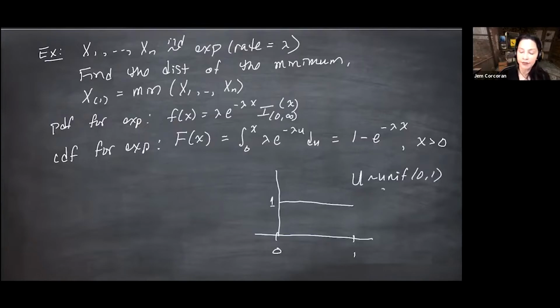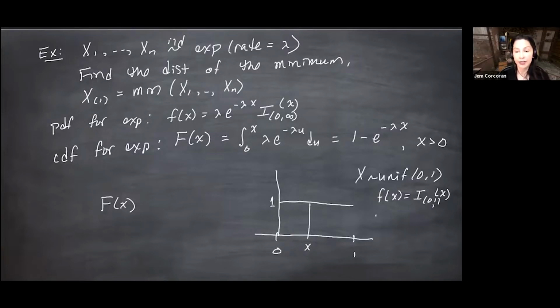The PDF, let me call it X and not U, is just the indicator from 0 to 1 of X. And the CDF, I want the total area up to any particular X in here.